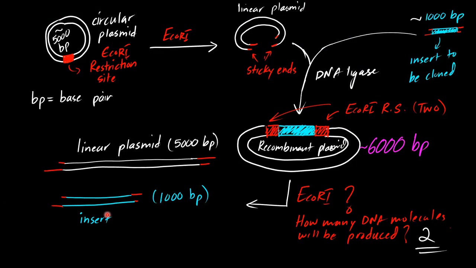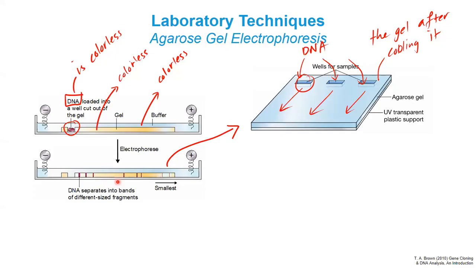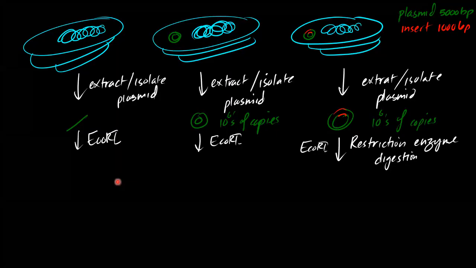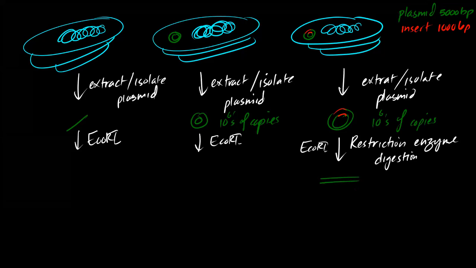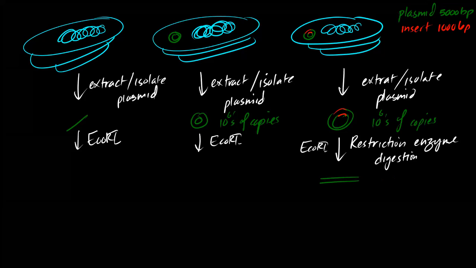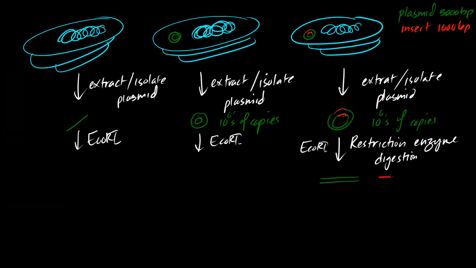All right? What will we have? We will have the linear plasmid, and we will have the insert separated from it, so we have two fragments.